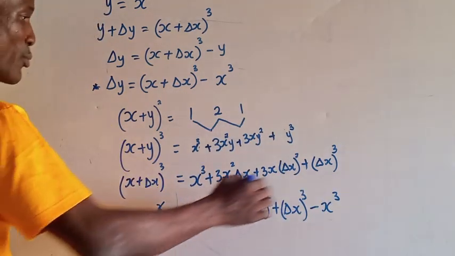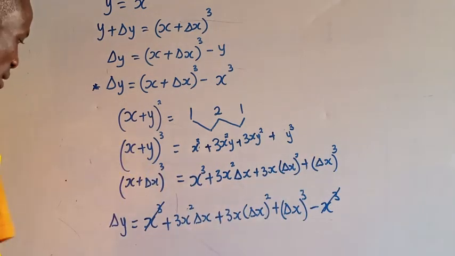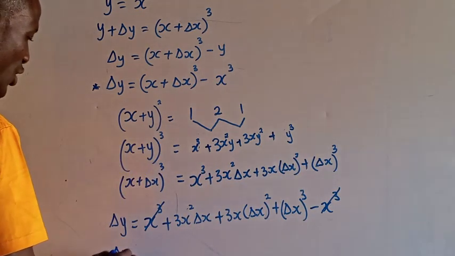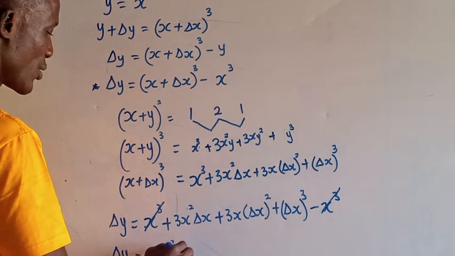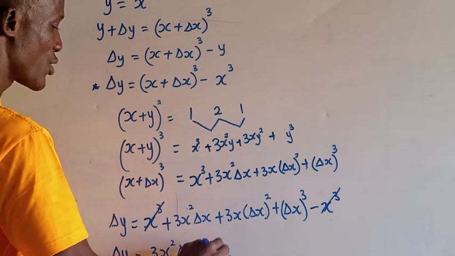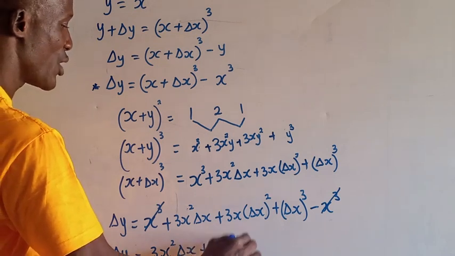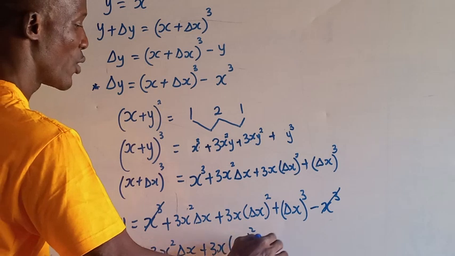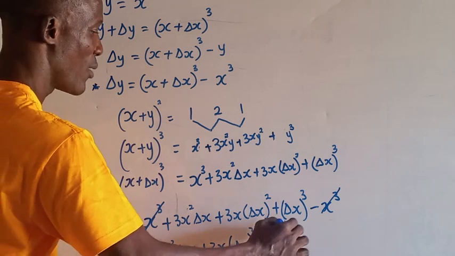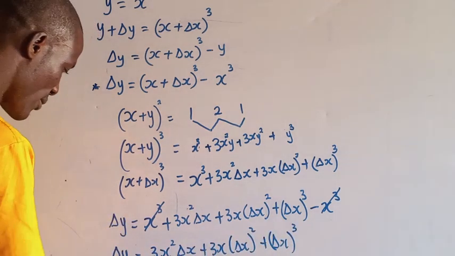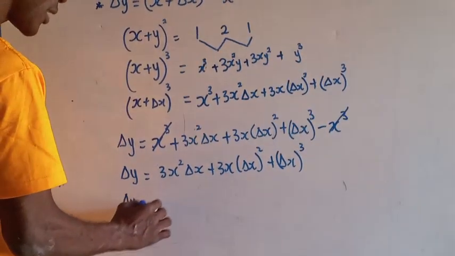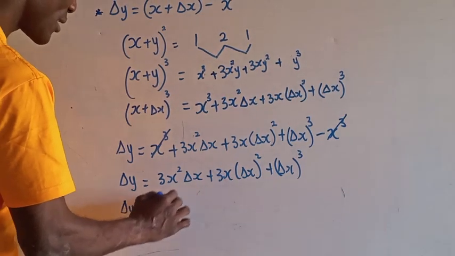So x cubed minus x cubed, we cancel x cubed as we are having change in y equals 3x squared change in x plus 3x into bracket change in x squared plus change in x to the power of 3. There's change in x here, there's change in x here, there's change in x here, so let's factorize. Change in y equals change in x into bracket.